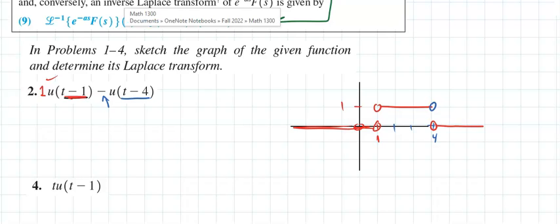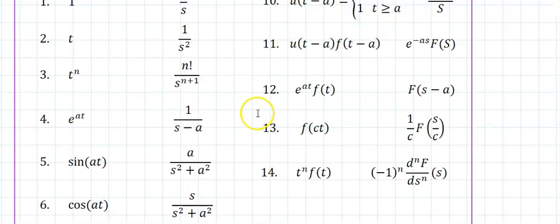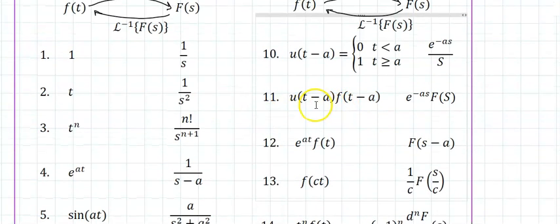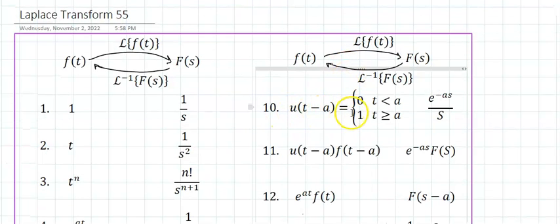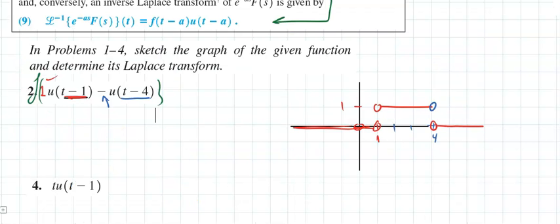Now, it says sketch the graph and find the Laplace. If you apply the Laplace on this, if I look at my formula sheet, the Laplace associated with t is number 11, e to the negative as times f, or number 10 if we're not dealing with a function yet, it's simply 1 or 0. It is e to the negative as, where this is a, divided by s. And I'll show you where that comes from so we grasp this.